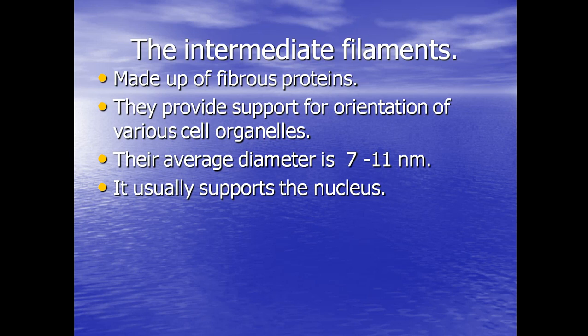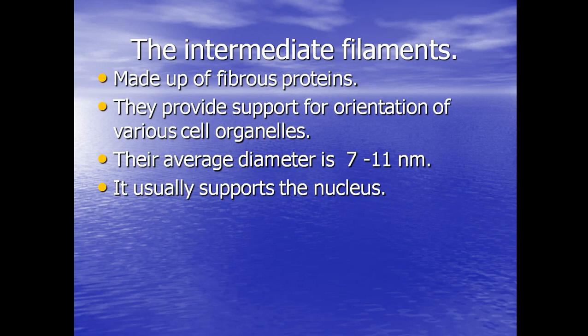See, if you look into the cell, the nucleus has a definite location. In some it is centrally located, in some it may be towards the periphery. How? This is because the intermediate filaments support the nucleus and help it to anchor to its respective location.